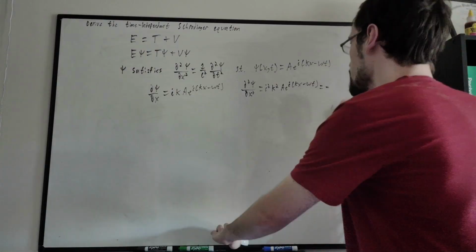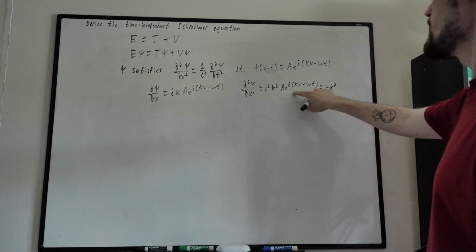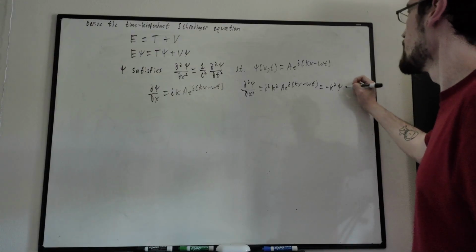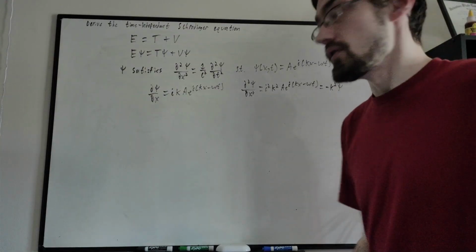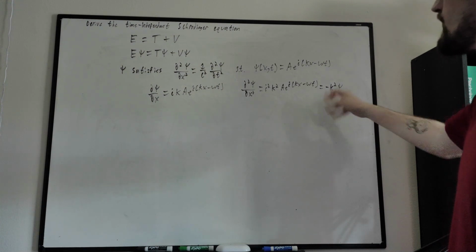So we get a negative k squared times A times e to the i (kx minus omega t), which is just equal to our wave function psi. So now what we want to figure out is what this wave number is equal to here. What is k equal to?